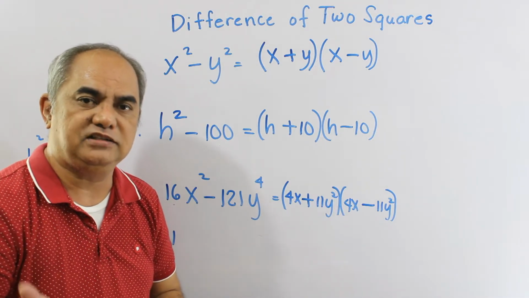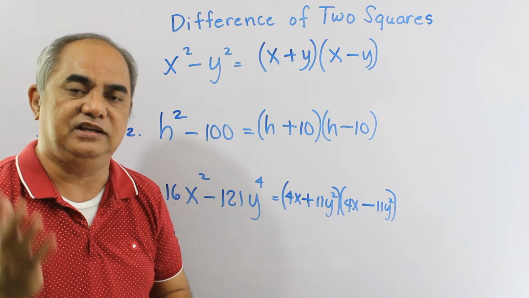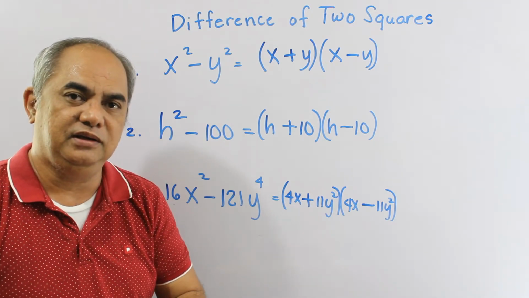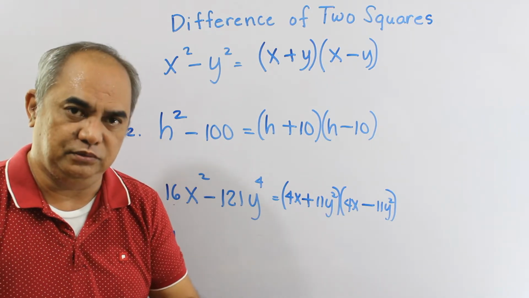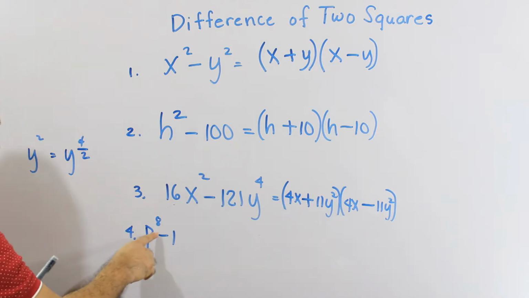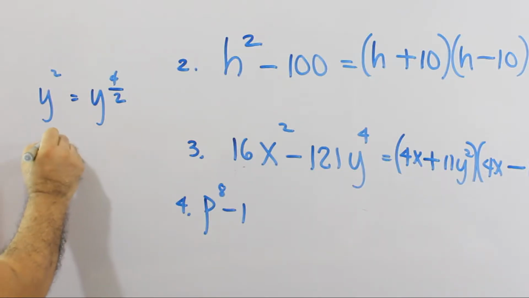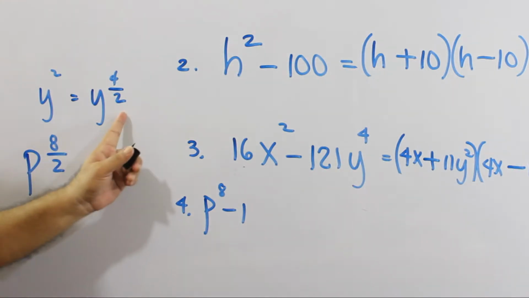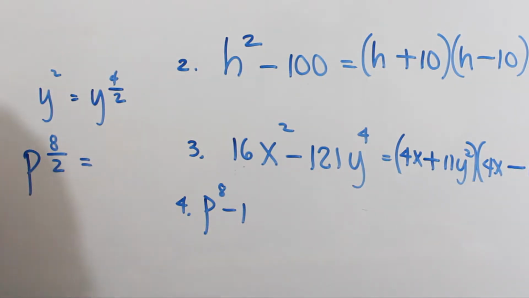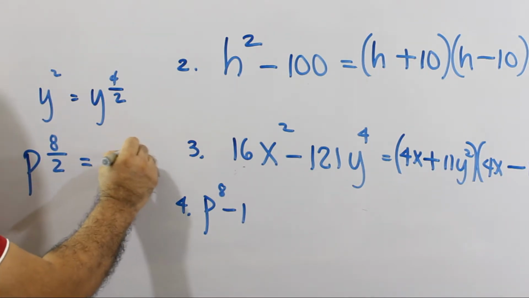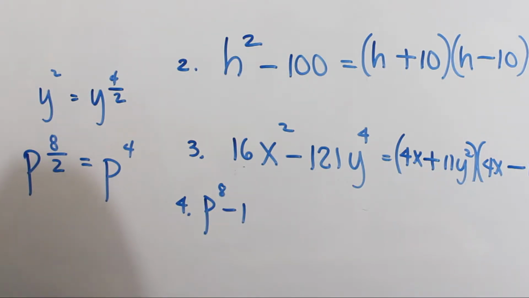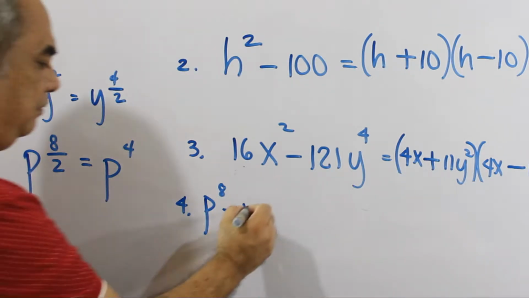For as long as the exponent of the variable is an even number, we can say that the variable is a perfect square. So, for this one, we have p to the 8, we have to divide the exponent again by 2, just like what we did here. The quotient of 8 divided by 2 is 4. So the factored form, or the square root of p to the 8, is nothing but p to the 4.